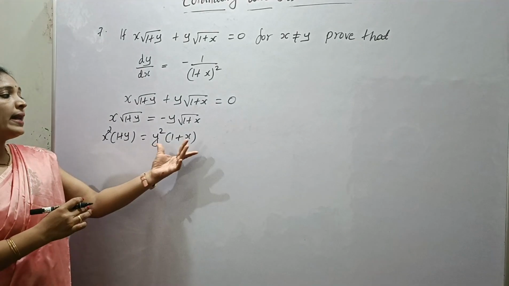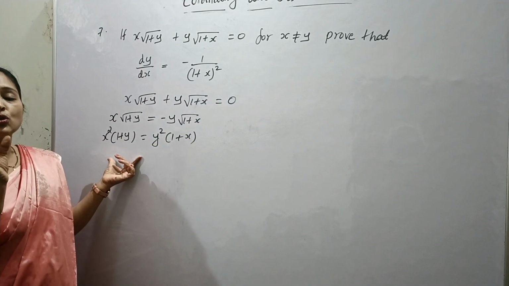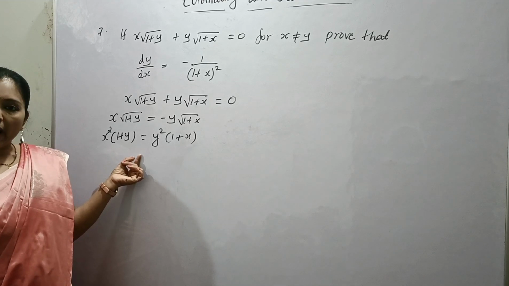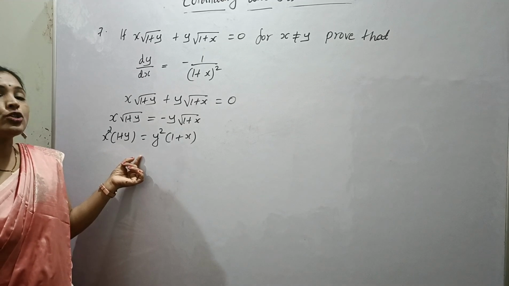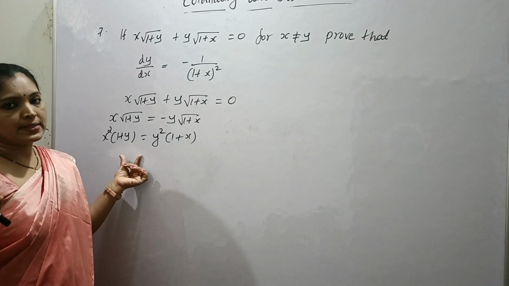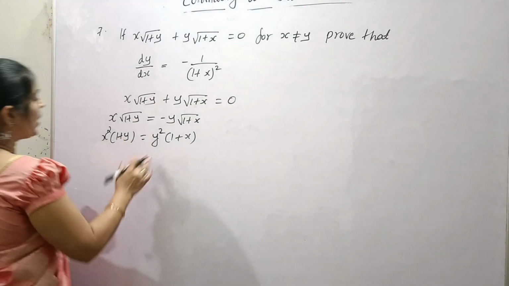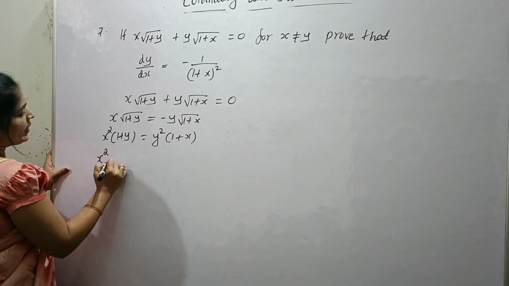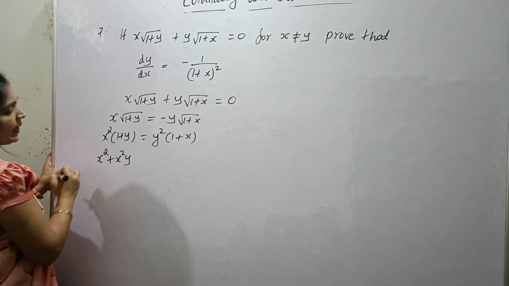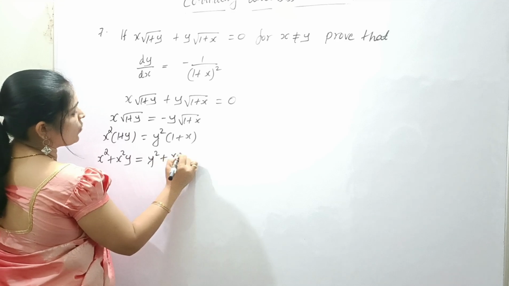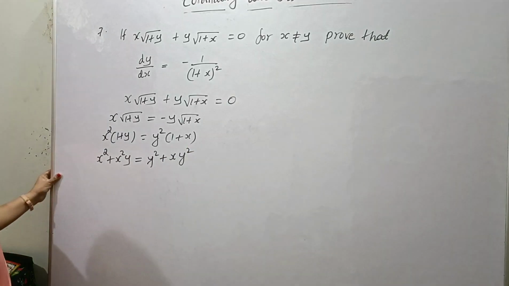Now let's simplify this to get it in the form of y is equal to, where the RHS expression should be only in x terms. Then only you differentiate it. Now x square plus x square y is equal to y square plus x y square.